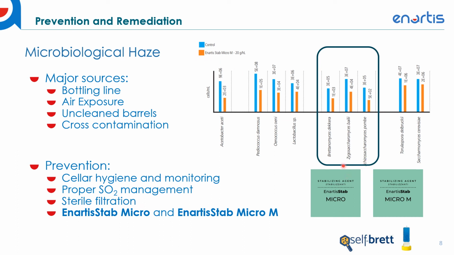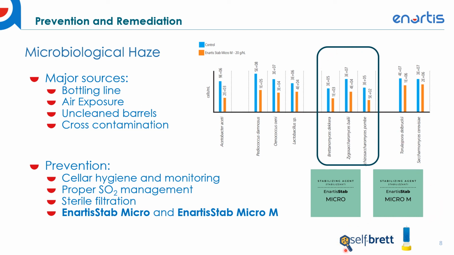And you can see here that for the organisms we're concerned about when it comes time for bottling and maturation, there is a reduction in population by twofold for Brettanomyces, by threefold for Zygosaccharomyces, and threefold again with Schizosaccharomyces pombe. So it's a very effective antimicrobial fining agent, and can help mitigate the use of SO2.